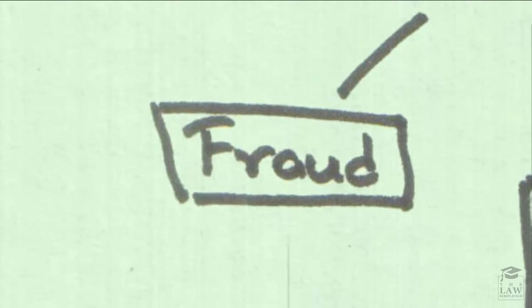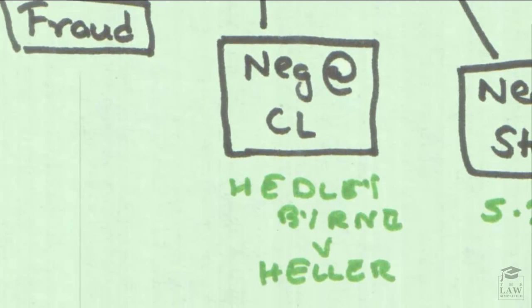Now, fraud relates to an intention being there on the part of the defendant or the person who has misrepresented, and is quite similar in nature to fraud in criminal law, but in this context is a contractual arrangement. At common law and as well as in statute, negligence is also looked into. A seminal case in this regard, in relation to common law negligence, is Hedley Byrne and Heller.